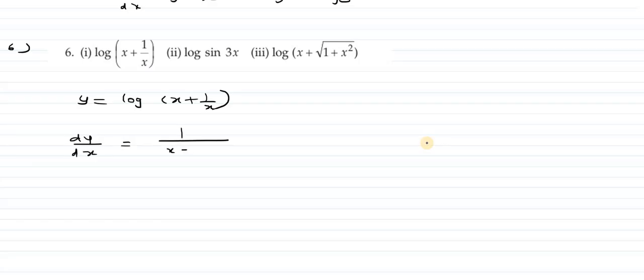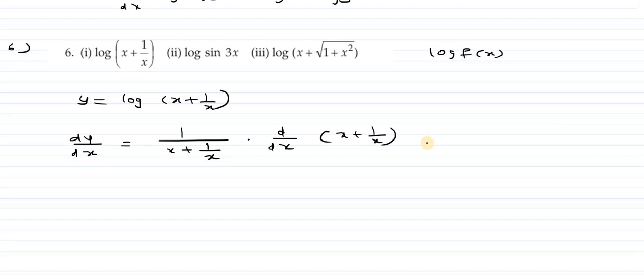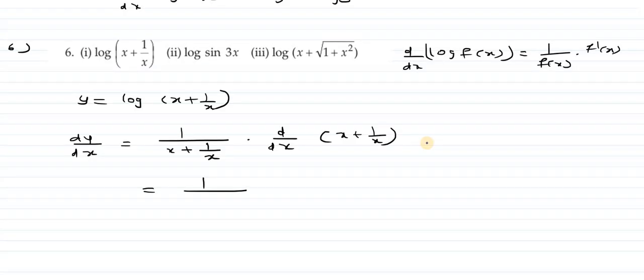First function, that is 1 upon x plus 1 by x, then differentiation of function x plus 1 upon x. Correct? Log of f of x, whenever you get first 1 by f of x into f dash of x. F dash of x is differentiation. If I take the LCM, x square plus 1, this x will go to the numerator. So x upon x square plus 1.